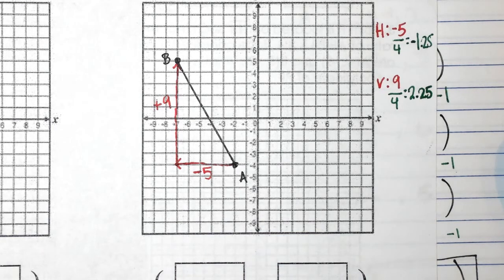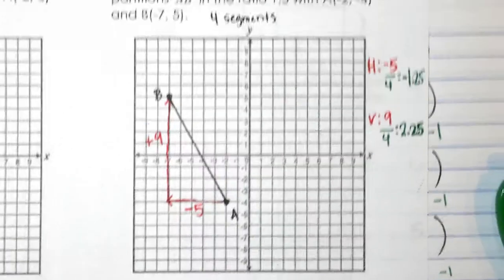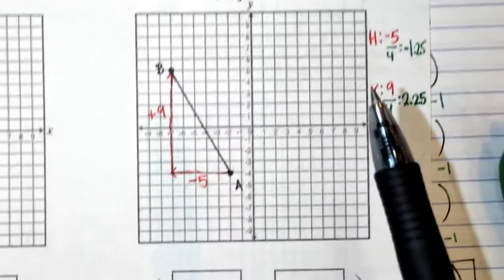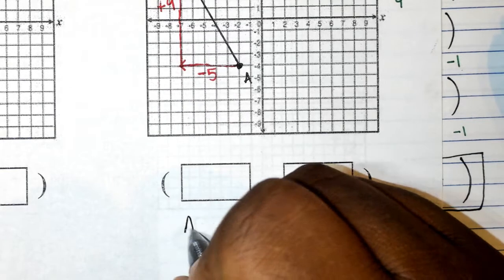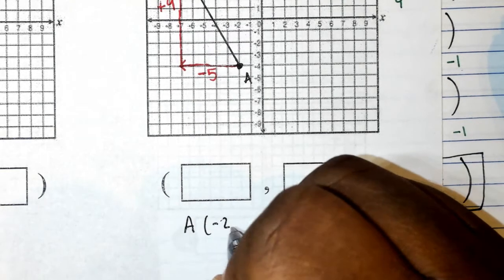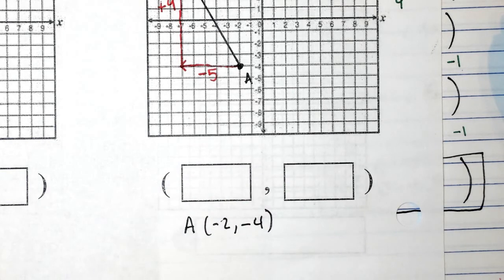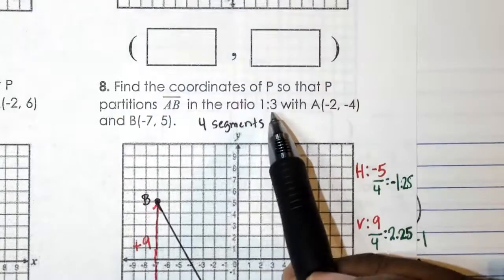At the bottom, I'm gonna do the work for these, not out to the side. I guess I could do it out to the side here. Now I got a lot of space down here. I'll do it down here. So my starting point was A, -2, -4. And then from there, it only asked me for one partition.